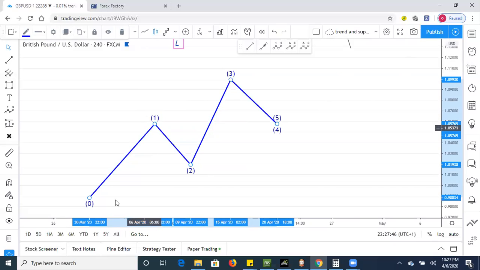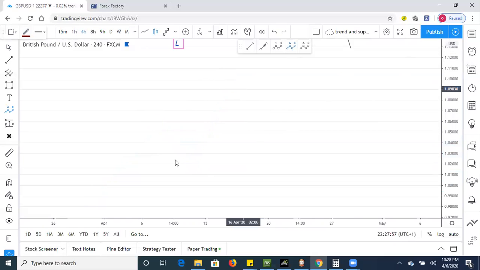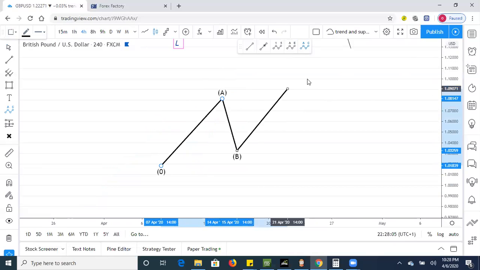Consecutive highs, consecutive lows, right?